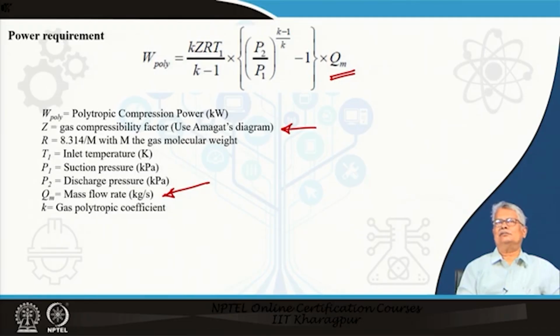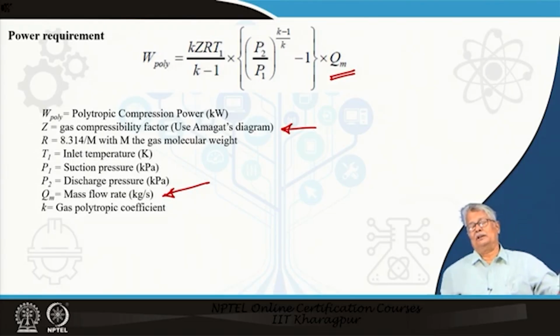The rest of the things are very simple, the units are also provided here. So, this is a very direct way of estimating the power required in your compressor. But remember one thing, this is the power which is to be delivered to the fluid. That means your shaft work will be more, and the shaft will most probably be driven by a gearbox. So, the power input to your gearbox also will be more, considering an efficiency of the gearbox.